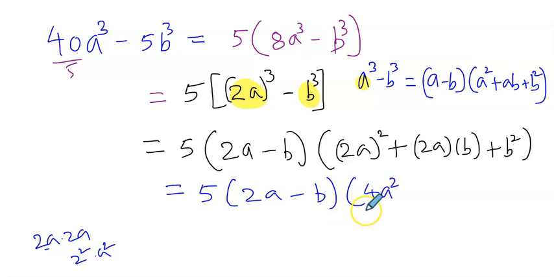That will also give you the same thing. 2 square is 4, correct? Okay. So 4A square plus 2AB plus B square. So this is the factored form of that 40A to the third minus 5B cube, right? So we used this difference of cubes, remember.